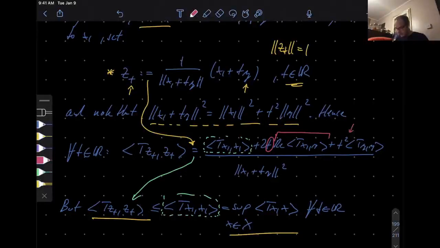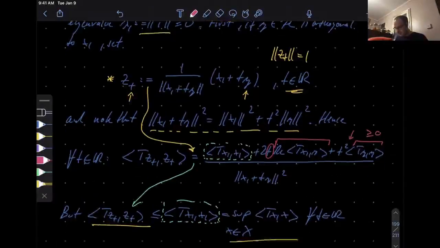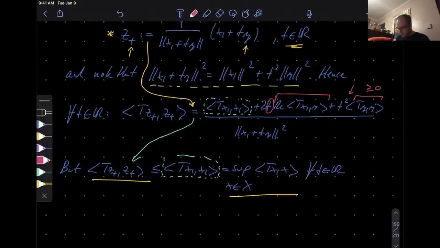This here is always going to be non-negative, right? Because you have a positive operator, this is going to be non-negative, and you have a non-negative number t squared in front of this, right? But this guy, the one with the linear power in t, you can make as negative as you like. And then you will figure out, when you write down this inequality, that it holds true for all t only if that linear term is equal to 0.